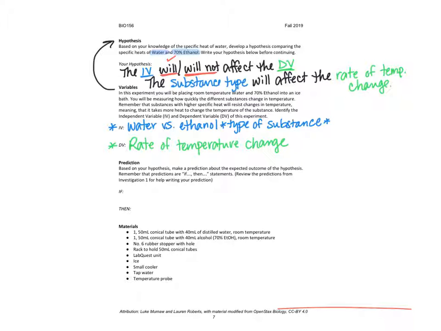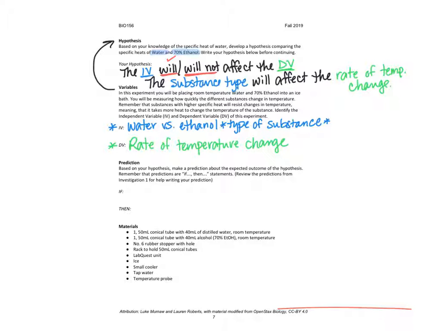So you could say the substance type will not affect the rate of temperature change. So both of those are correct. A hypothesis is just a statement that you're trying to either collect data to support or not support. So either one is a valid hypothesis.